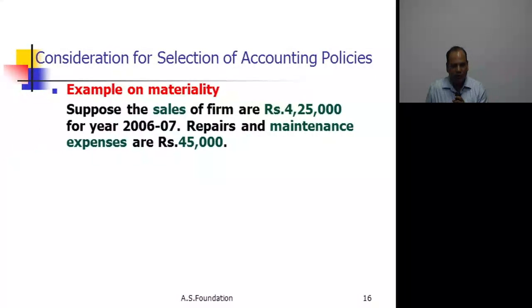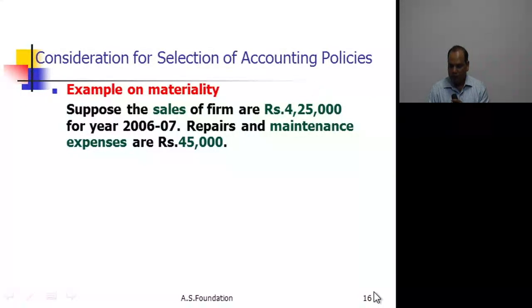Example on materiality. Sales of a company is suppose 4,25,000. Repairs and maintenance expenses are 45,000 rupees. In this case, 45,000 is a relatively material expense as compared to a sales figure of 4,25,000.